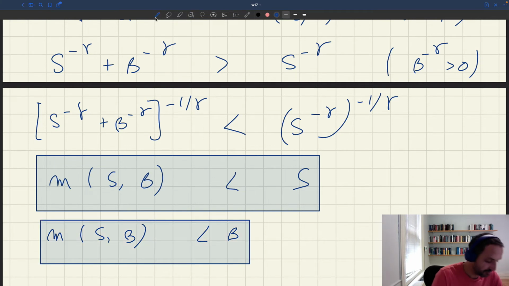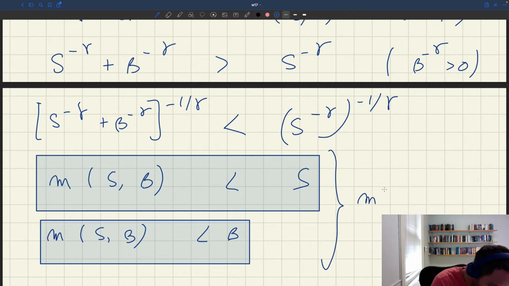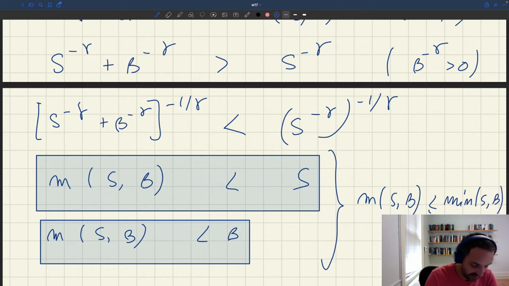And therefore, because the matching function is less than these two things, the matching function at S and B is going to be less than the minimum of S and B. And so we verify, therefore, that the matching function naturally satisfies this condition. So you never need to add any restriction once you use the CES matching function, unlike what we had with Cobb-Douglas.